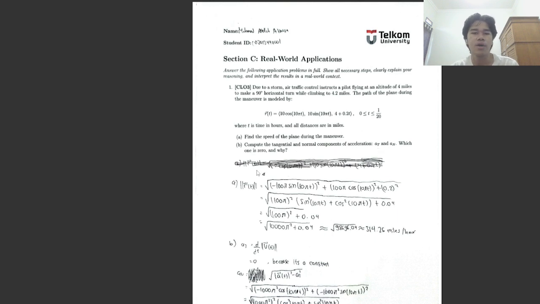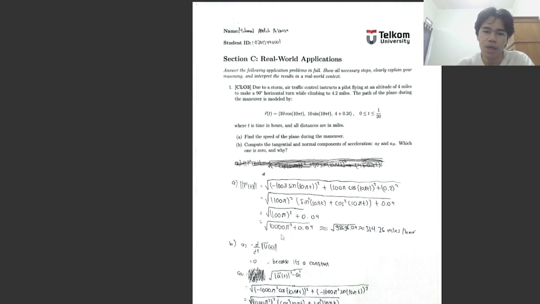And then for the second one, compute the tangential and normal components of acceleration, AT and AN. Which one is 0 and why? So first we find AT. We can find it with the derivative of the magnitude of the velocity, and we have already computed it in the first question.